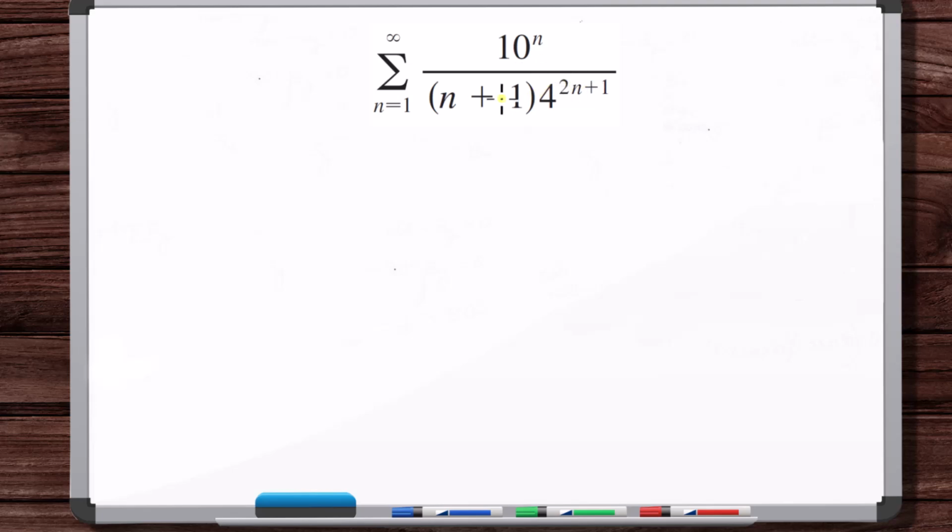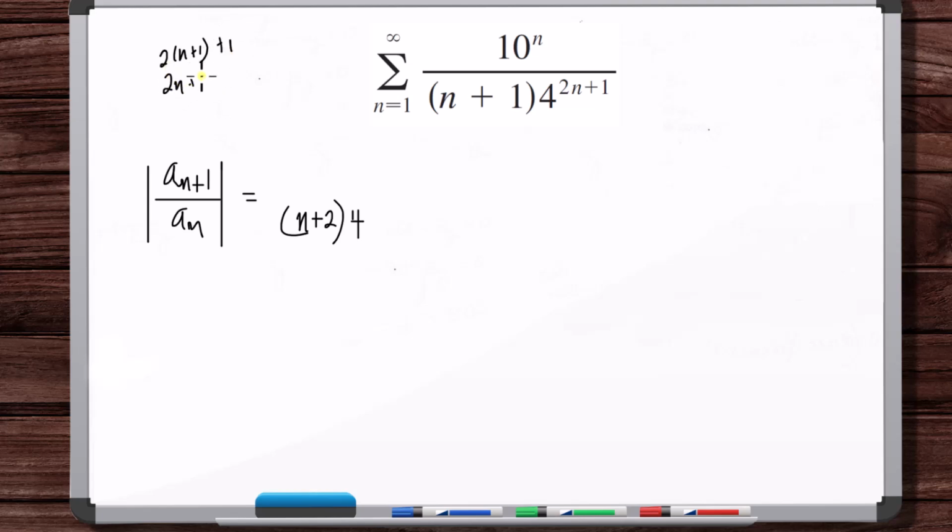But here we're not even going to have negative values. n plus 1 is not negative, so we can just remove the absolute value, and so we're left with n plus 1 is n plus 2, 2 times n plus 1 is 2n plus 2 plus 1, 2n plus 3. 4 to the 2n plus 3, and then 10 to the n plus 1.